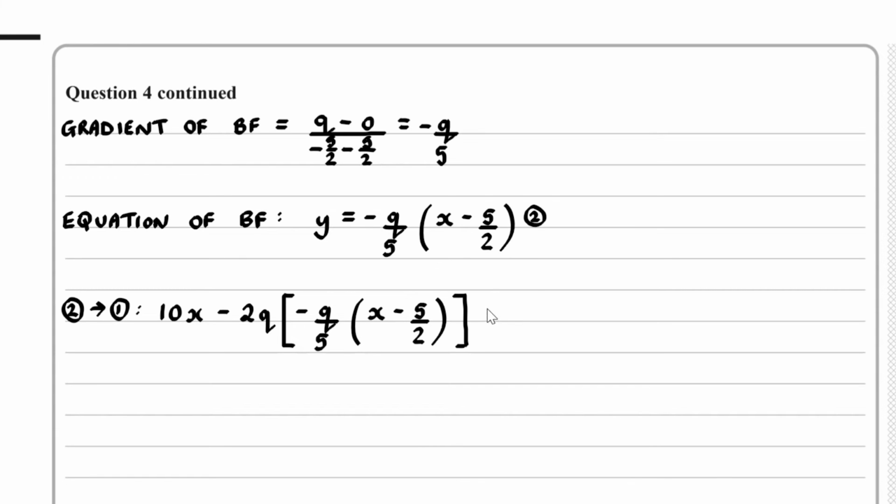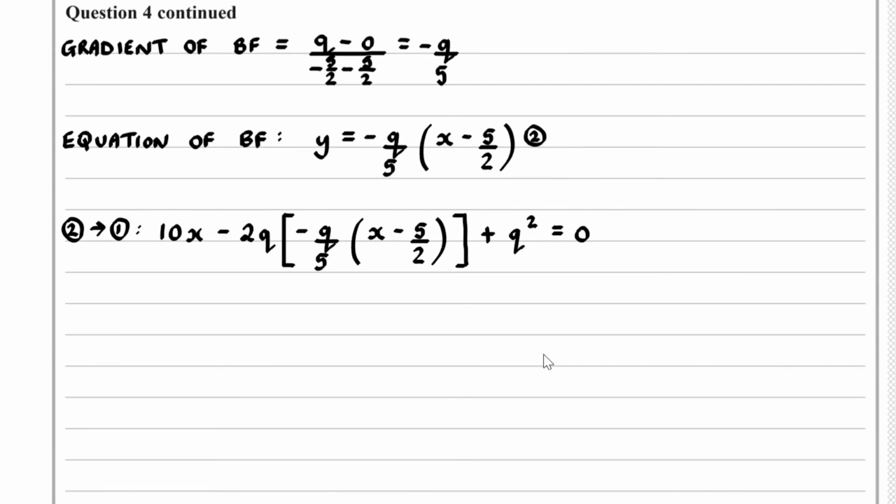What I need to do is add on q squared, and the result of this is equal to 0. So let's simplify this even further.